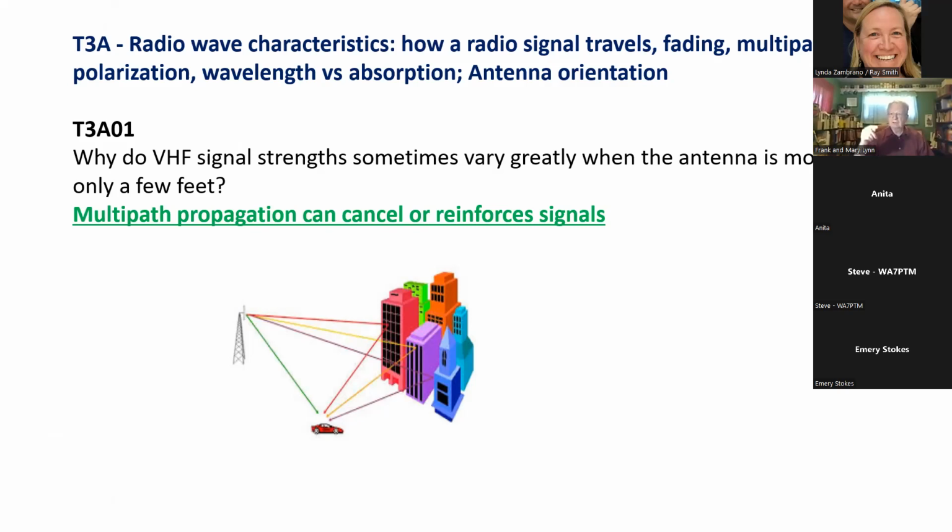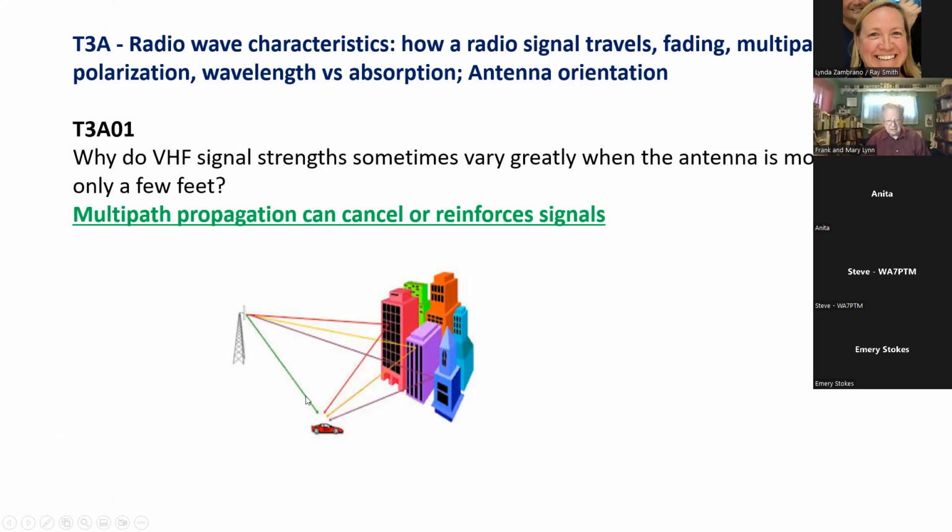This goes back to what we did in the very beginning. Why do VHF signals sometimes vary greatly when antennas are moved only a few feet? I had something on a net a couple of days ago where someone moved like 3 feet and they were heard perfectly, whereas before they weren't. That's because the signal coming out has multiple paths.